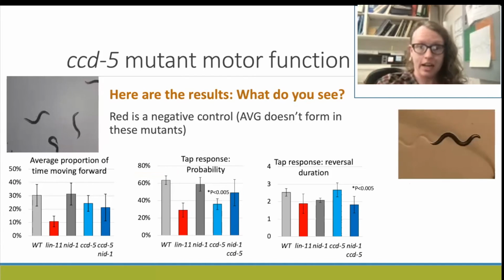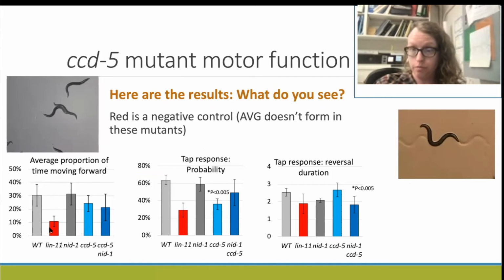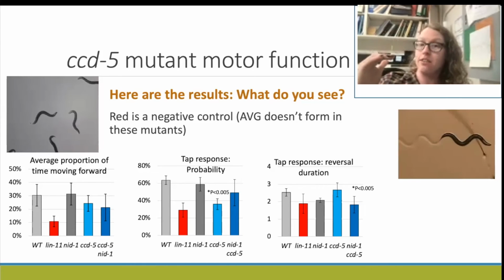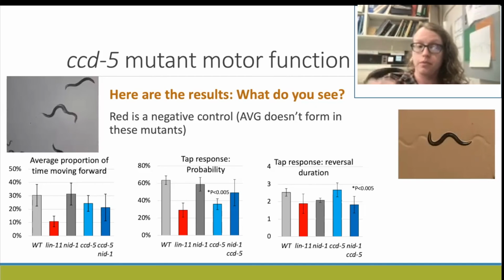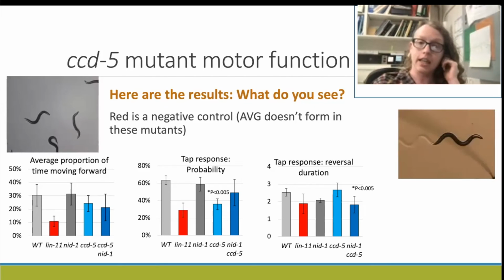And for context, the red is a negative control. These are worms where the AVG fails to differentiate. So at the worst, least healthy AVG response situation, we should see that phenotype in Lin11.